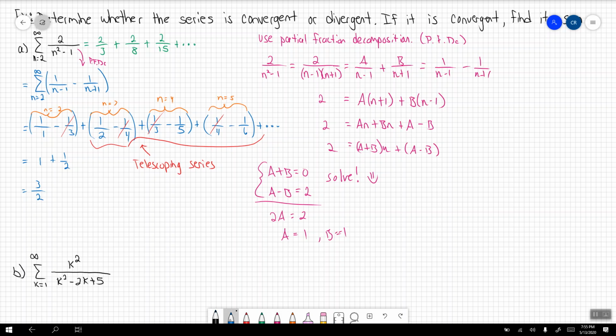Oops, my apologies. I forgot to say that this is convergence. So the series converges. Not all telescoping series will converge, but the whole process of the telescoping series is so that we can then analyze what isn't taking place.